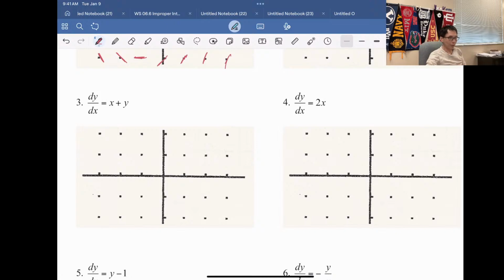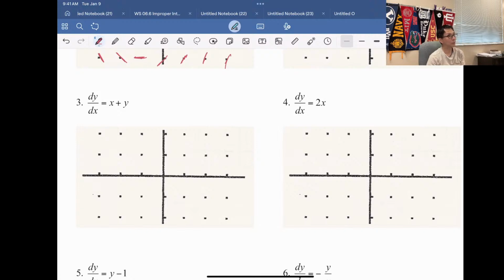All right. So the second one, dy/dx equal to x plus y. Now I have x and y together. I want you to look at where a zero slope happens. Don't shout it. Think about it. Where does zero slope happen? Because that's the most important one.